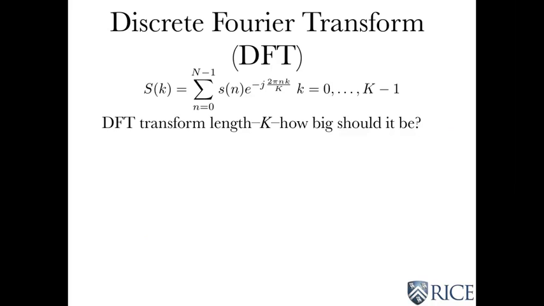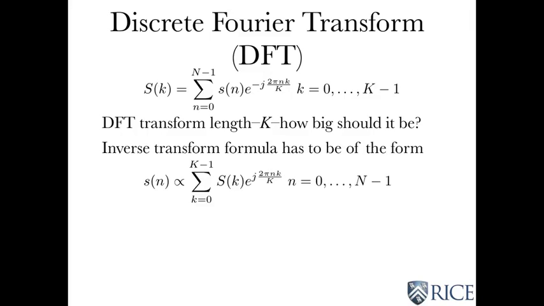That turns out to be the long way around. What I'm going to do is appeal to the inverse transform. So from all we know, the inverse transform formula, if it exists, has to be of the following form. We're going to sum the spectrum, the DFT, multiply it by a positive exponential, sum it up, and that should be at least proportional to the original signal.